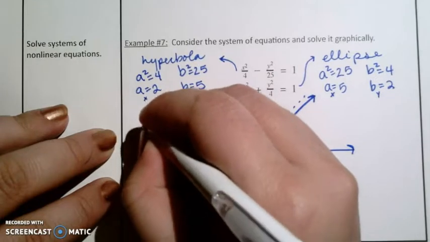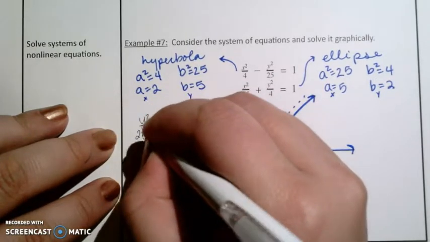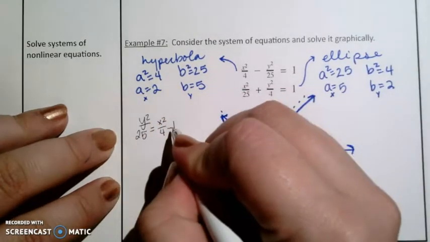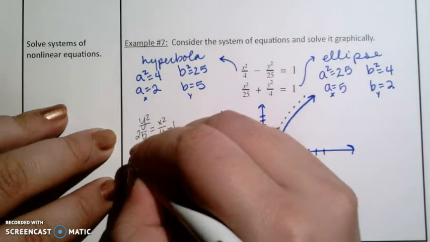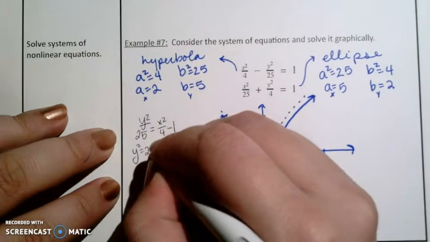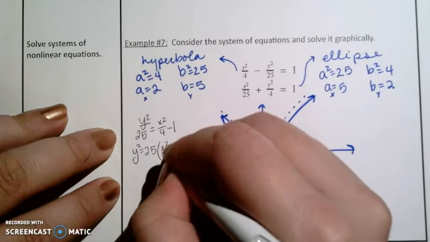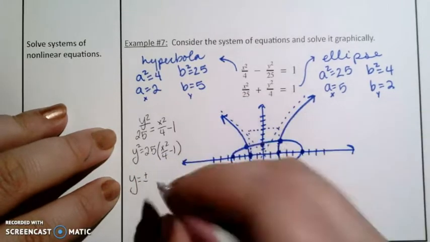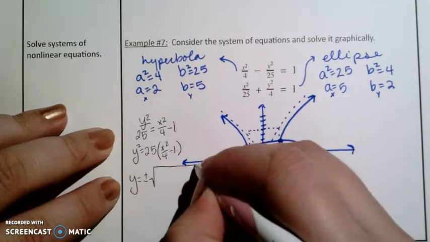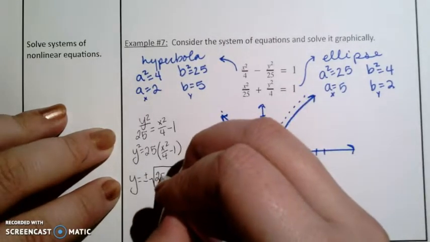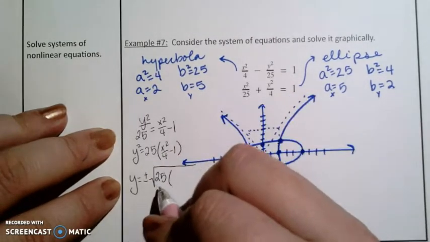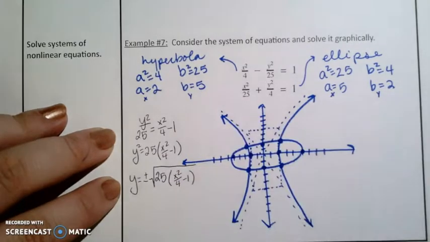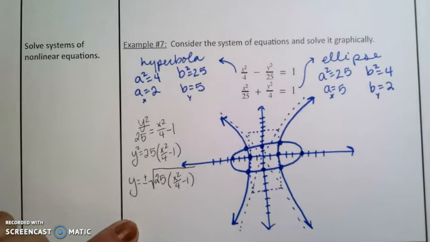So I have y squared over 25 equals x squared over 4 minus 1. Then multiply both sides by 25. So y squared is 25 times the quantity of x squared over 4 minus 1. And then the square root. So I end up with two explicit equations: y equals plus or minus the square root of 25 times the quantity of x squared over 4 minus 1. That's my first pair of equations.